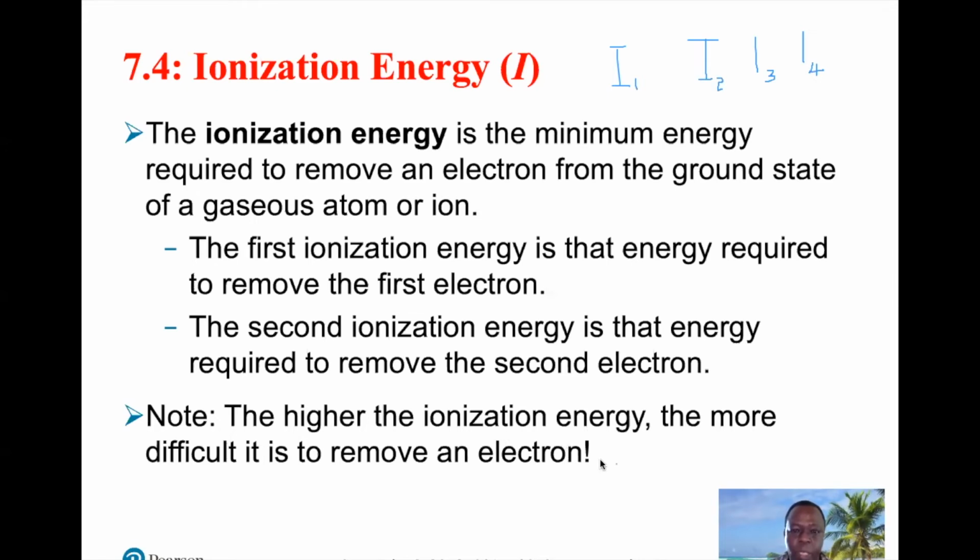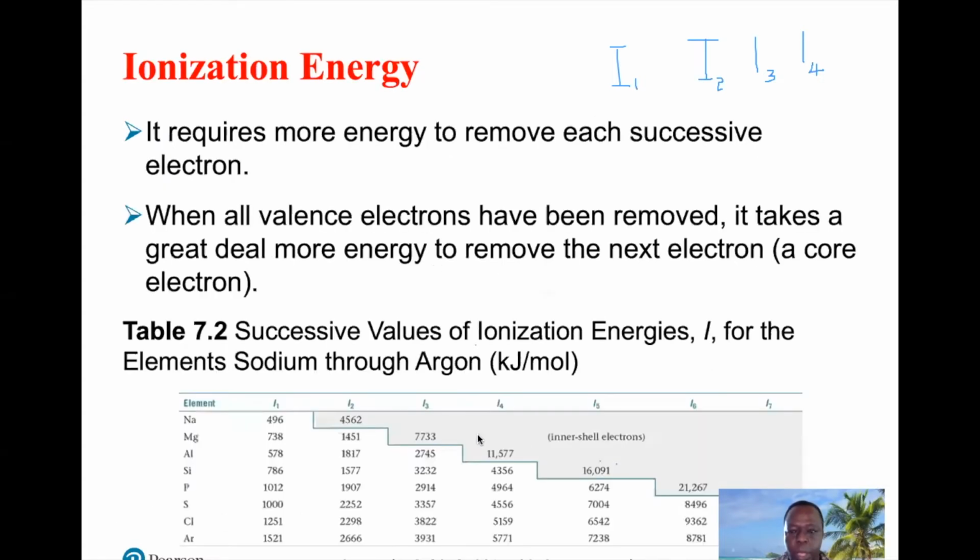There's a pattern here, which there is a table. I think I need to close this. There is a table, table 7.2, for sodium, magnesium, aluminum, silicon, phosphorus, all the way to argon. What you see here is the element, and then first ionization energy, second, third, fourth, fifth, sixth, and seventh ionization energy.